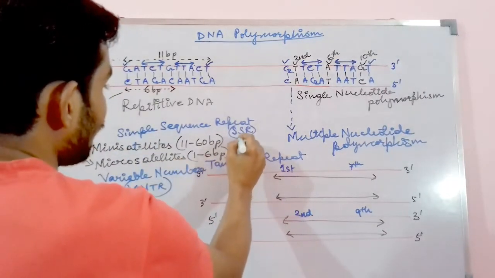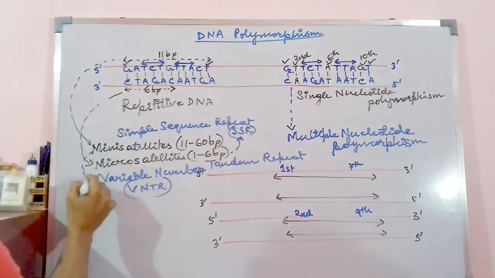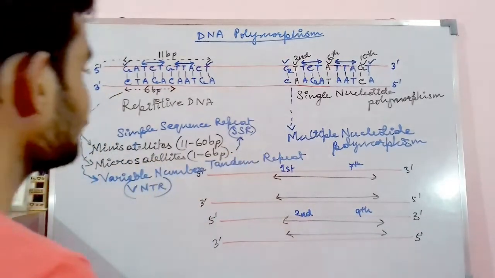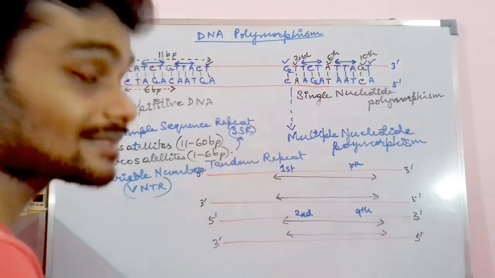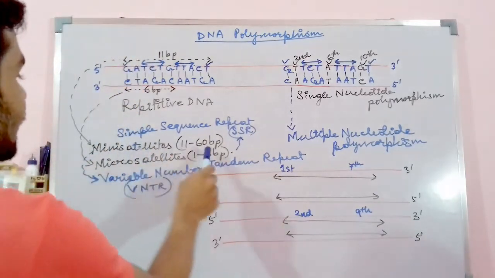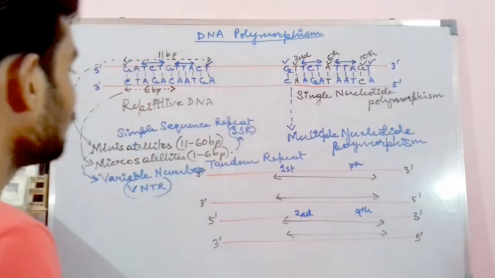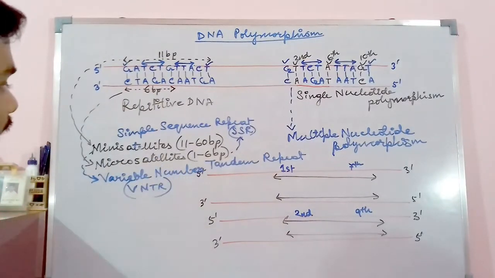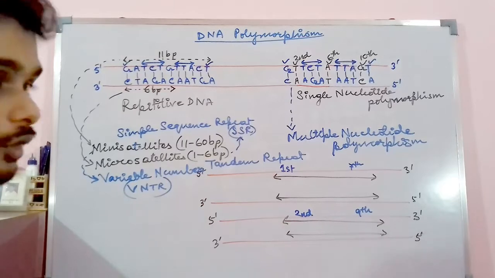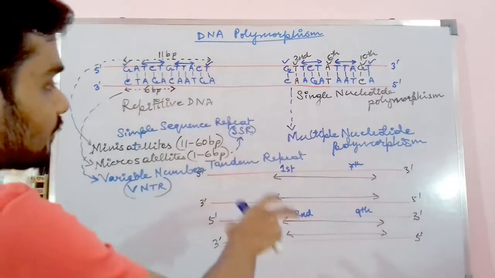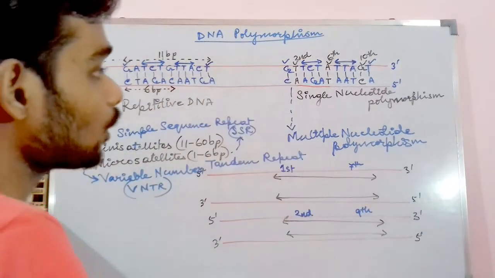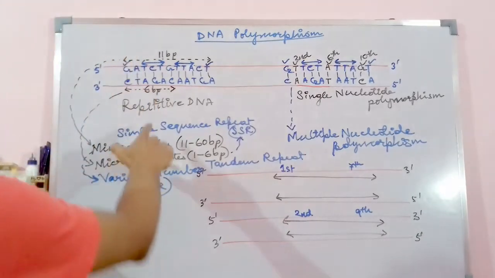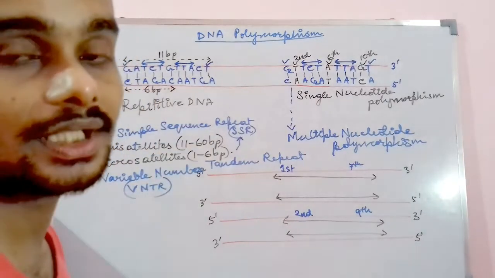Often they are known, and these mini satellites are actually the variable number tandem repeats, because the number of base pairs is more in this case. In case of the mini satellite, the number of base pairs is more. Okay, this is what the terminologies are, and how the polymorphic DNA or the DNA polymorphism is happening within this repetitive conformation or the repetitive DNA.